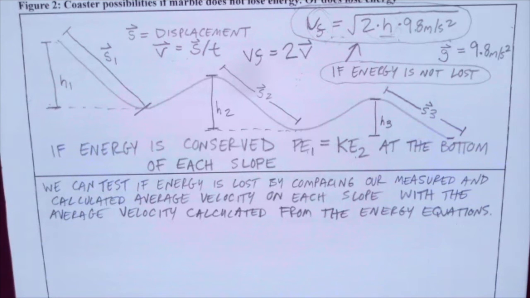So there are two things you can say would happen if the marble loses energy. Yeah, that would work, but it wouldn't defy the energy requirement of a marble losing energy.